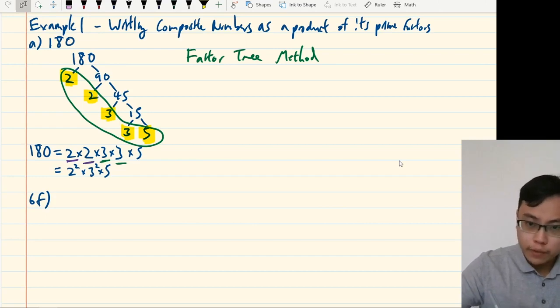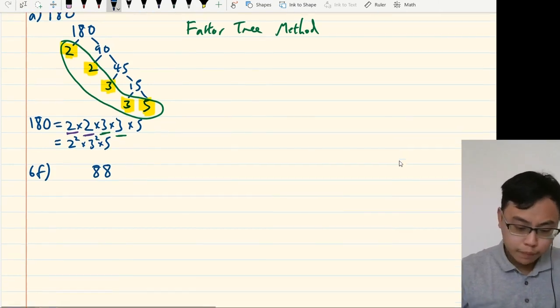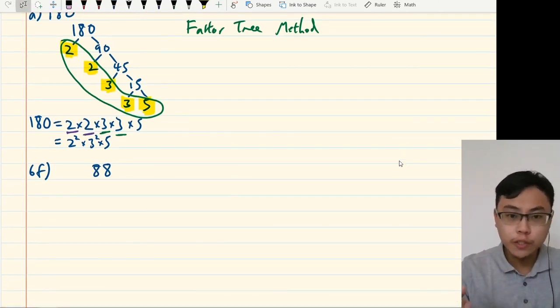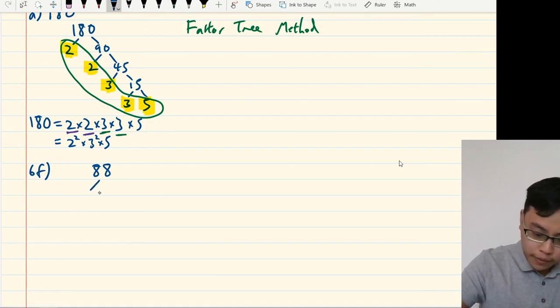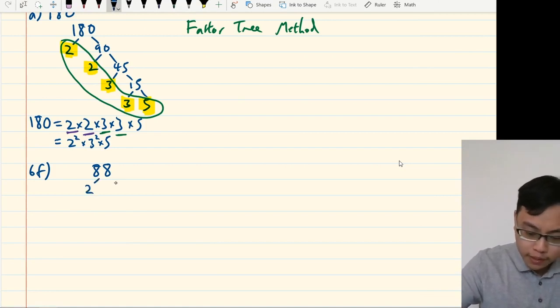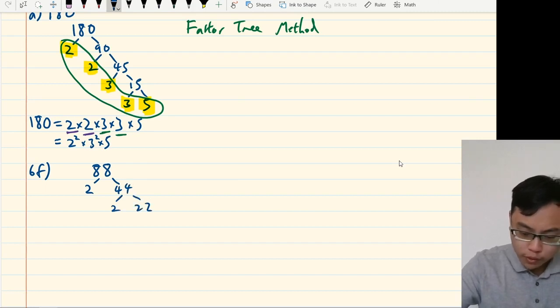The number I'm going to use is 88. Then you need to split it using the factor tree. I can divide this by 2. I'm going to draw smaller lines. So that's 2 times 44. And then there's 2 times 22. And lastly, this is 2 times 11.